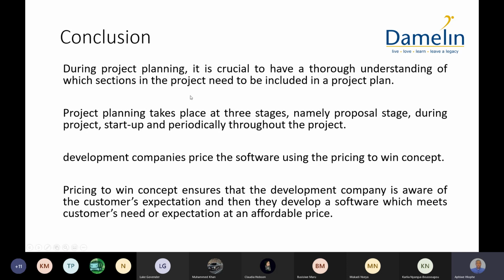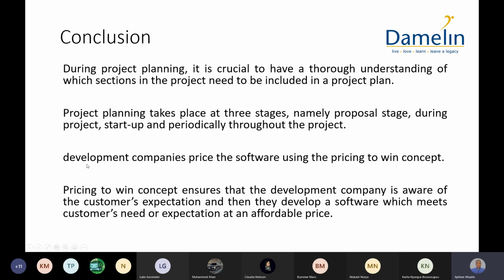Project planning takes place at 3 stages, namely the proposal stage, the startup, and periodically throughout the project. So we have a proposal, then we have the startup or initial activities of the project. We still need to refine the project plan there. Then, based on whether you're being plan driven or agile, this document changes along the way.